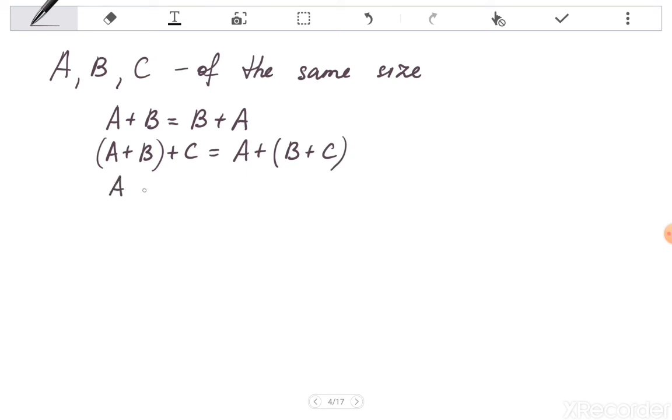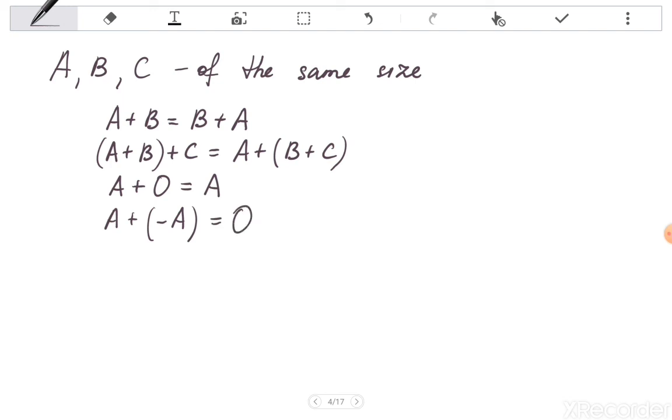Also there is a zero matrix, which is the zero element of this set. So if we add a zero matrix to any matrix A, we get back the matrix A. Also for any matrix A, there is an inverse matrix, which is minus A, meaning minus 1 times A. If we add these two matrices, we obtain the zero matrix.